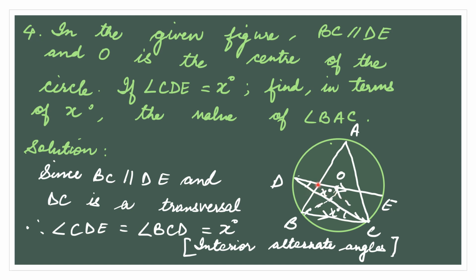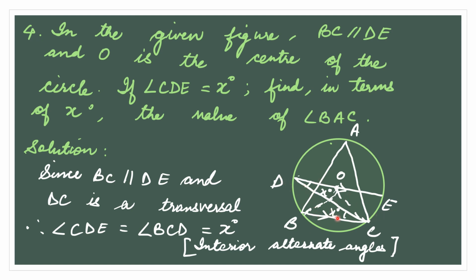So DC is the transversal, and BC and DE are parallel, so EDC will be equal to BCD, right?